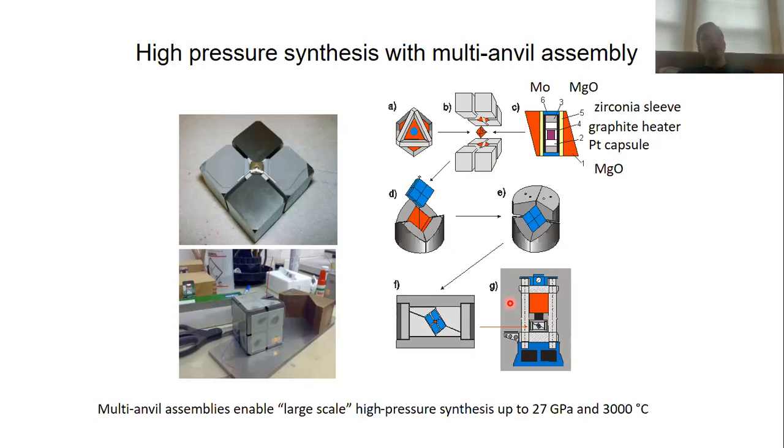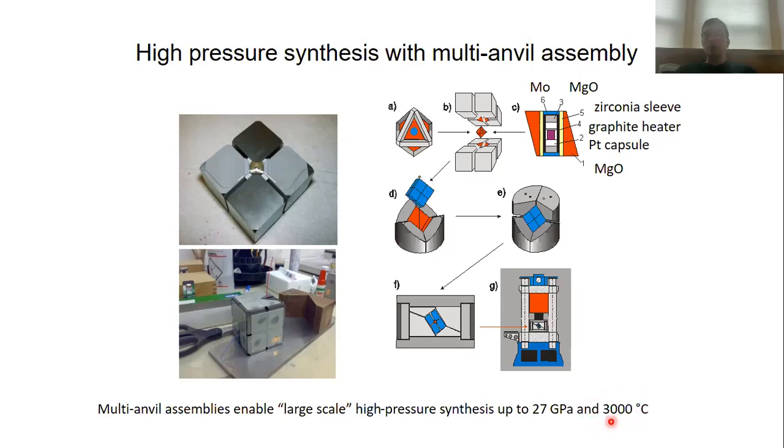So one technique that can go to fairly high pressures, actually 27 gigapascal, and can also simultaneously provide very high temperatures of about 3000 degrees Celsius, is the so-called multi-anvil technique.